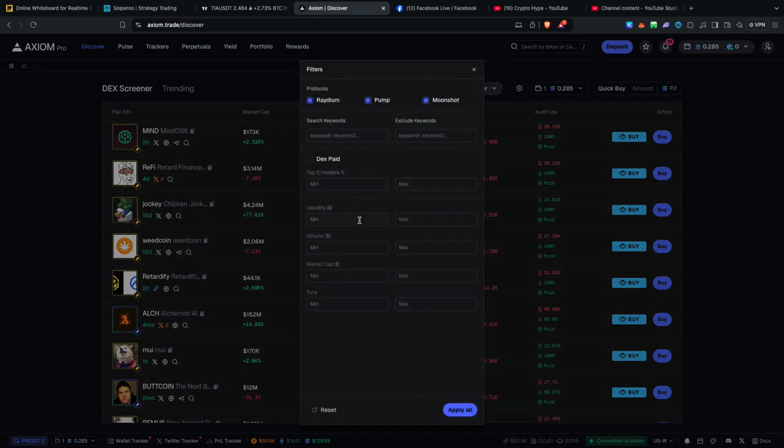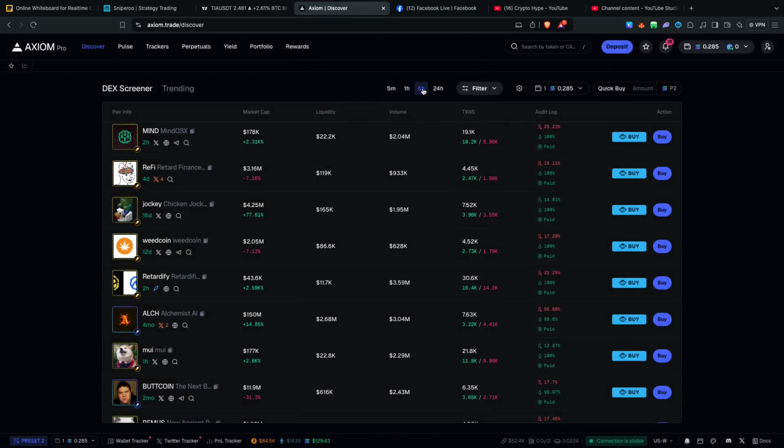We need to filter by time, liquidity, minimum volume, and by the age and how long it was created. Here we've only got volume, minimum, maximum, liquidity, token holders, etc. Anyway, the time frame is obviously right over here.